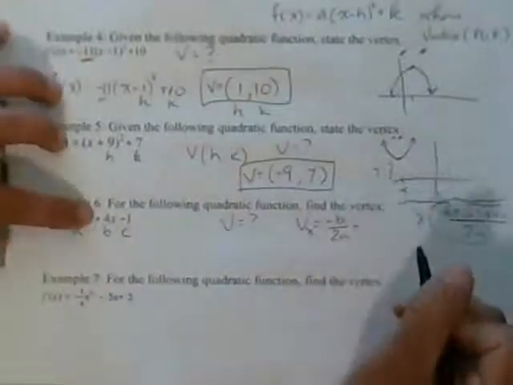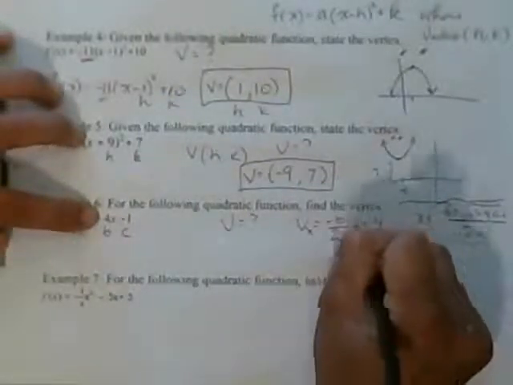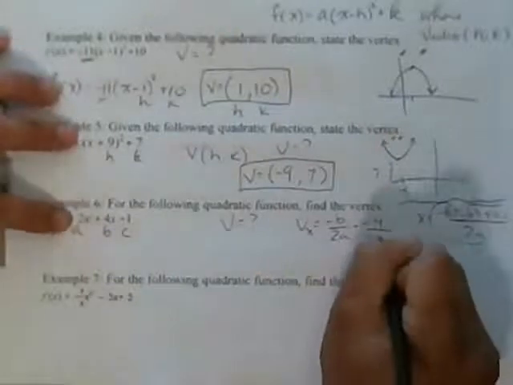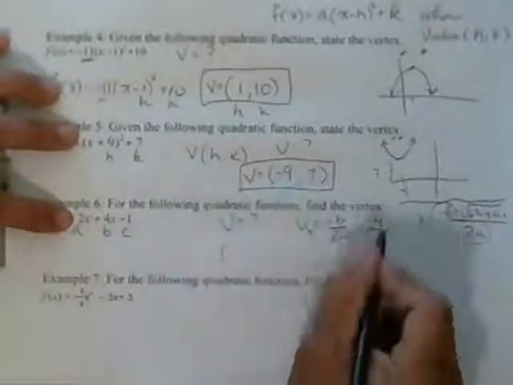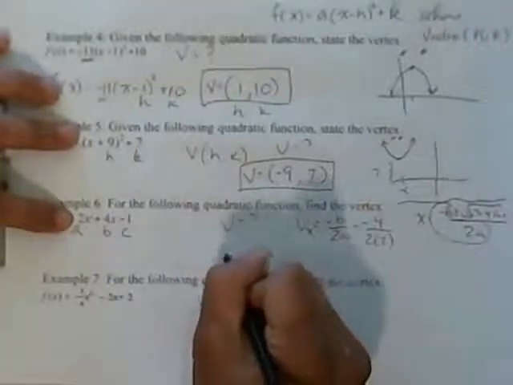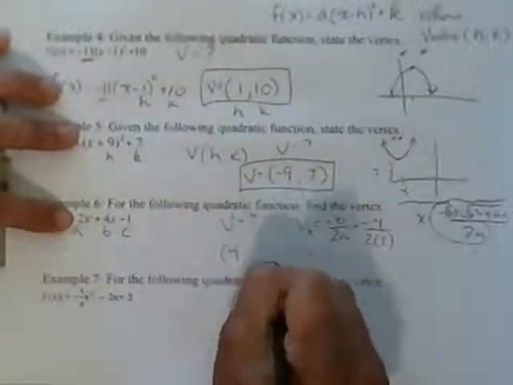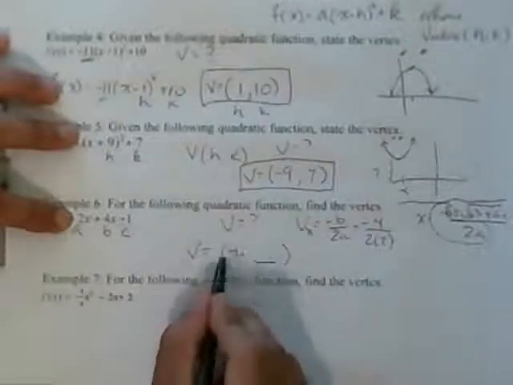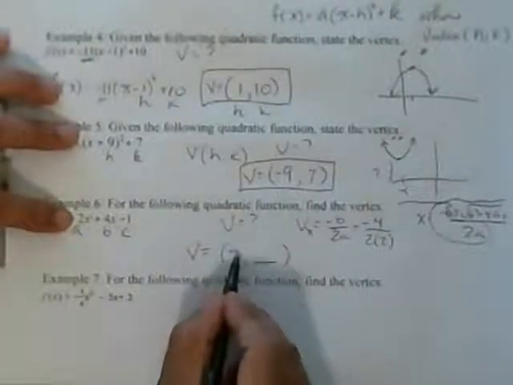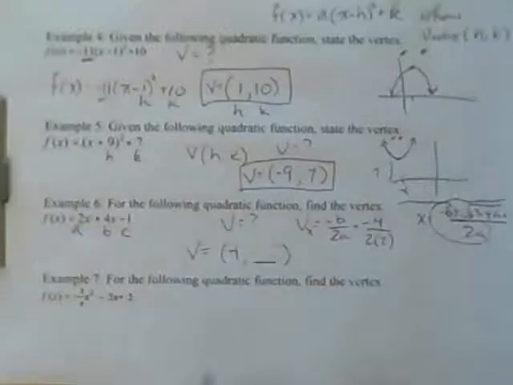So it's negative b, which is negative 4, over 2 times a, which is 2. So your x-coordinate is going to be negative 4 over 4, which is negative 1. And we have to figure out what your y-coordinate is. So again, this is your negative 1, the x-coordinate of your vertex.